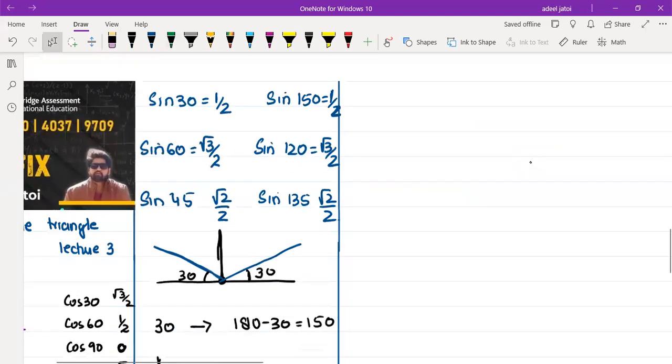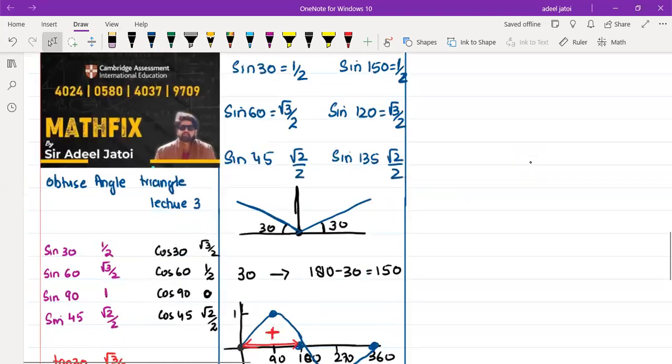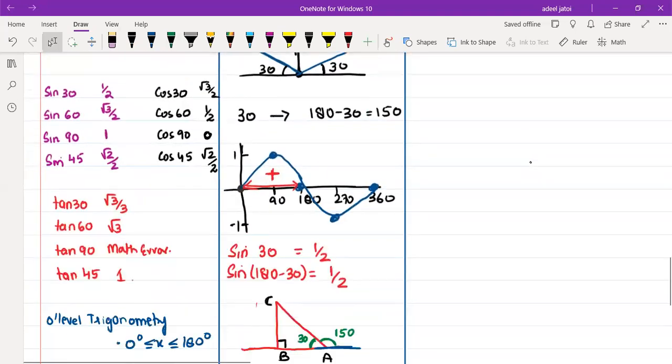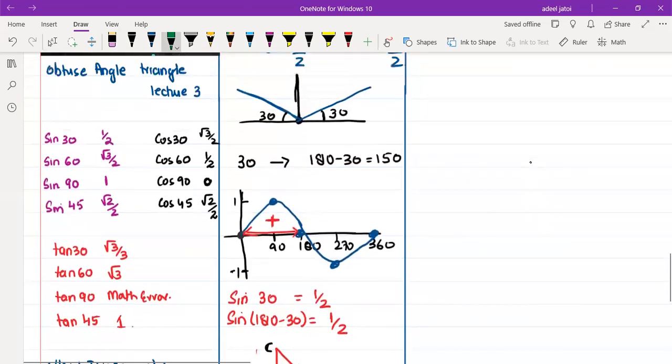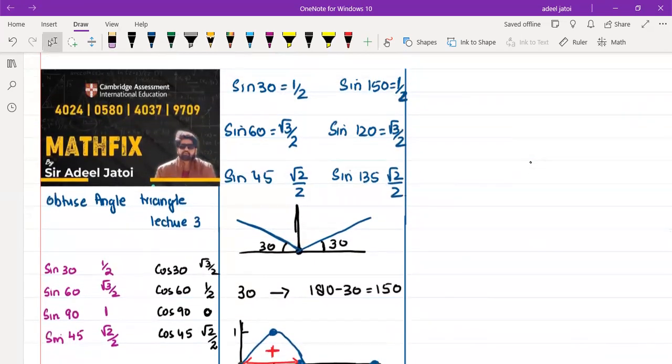Now, this was normally everything about sine that we have worked upon. That means if sine is 30, it will be half. If sine is 180 minus 30, we get the same value for 150. So 150, we will get half as well. Similarly, if sine is 60, we have under root 3 upon 2.